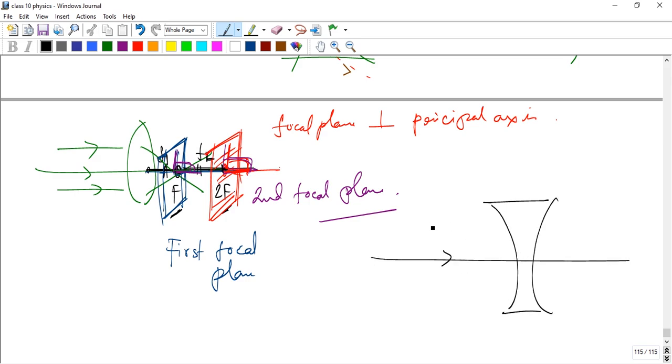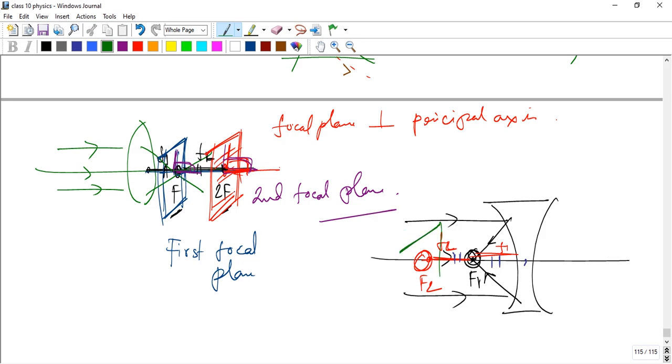Principal axis, incident ray, they meet at a point. Okay, that is called F1. This length is called focal length. Double of the focal length, that is F2. These two lines are equal from optical center. If I draw a plane here, and this plane is normal to the principal axis, this is called second focal plane.